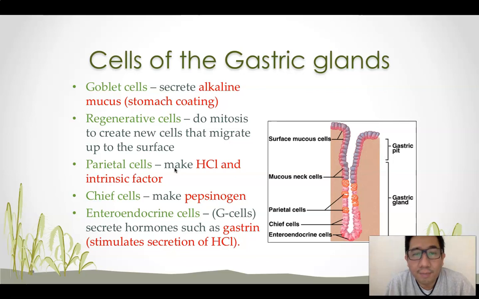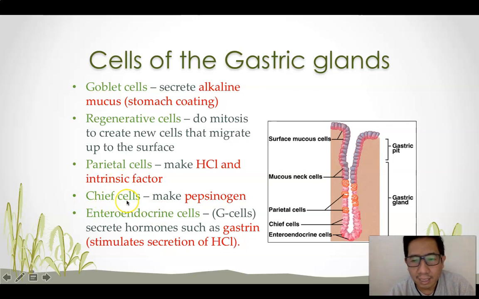This is one of the most acidic substances on this planet. Very low in pH, about a pH of 2. So this guy will break down food. This is the number one cell in your stomach to break down all the food. Intrinsic factor, we're going to talk about that in the next slide.